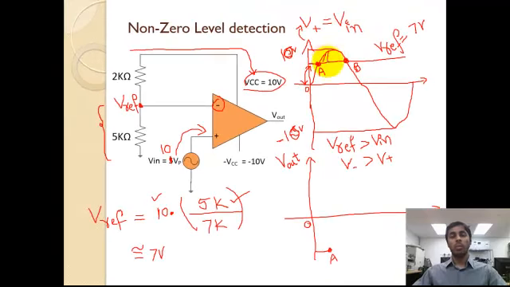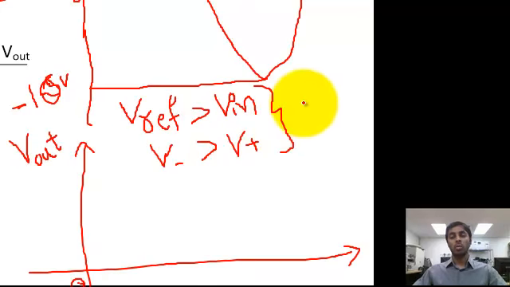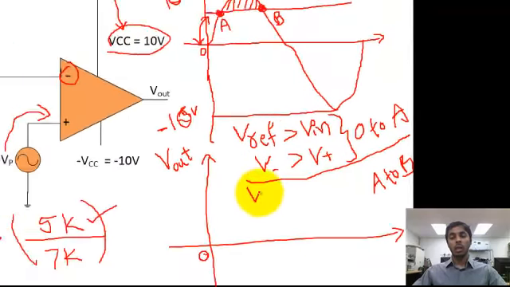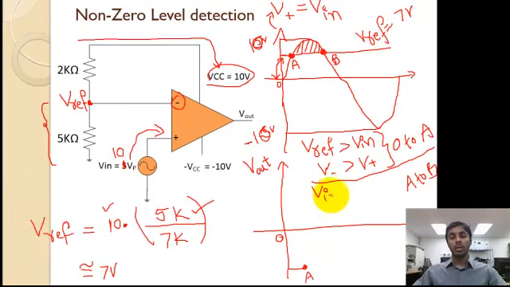Now let's look at from A to B. From A to B, the input signal is greater than the reference.